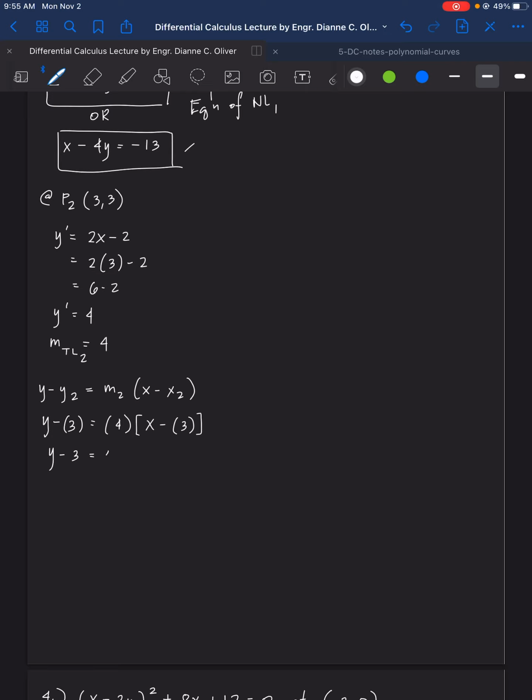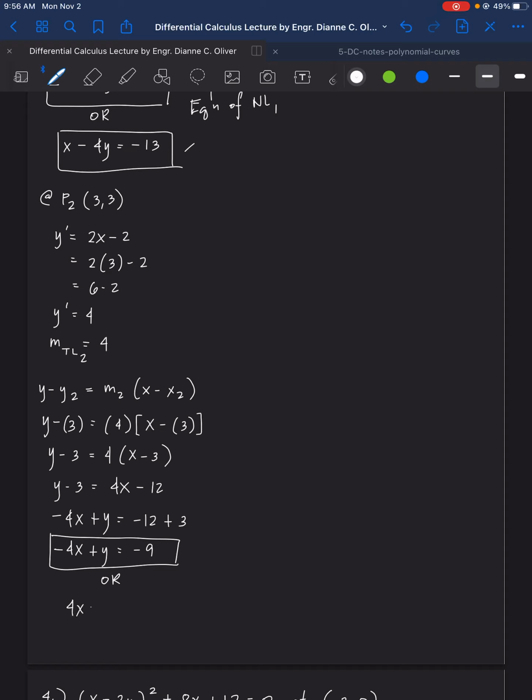Y minus 3 equals 4 times x minus 3, so y minus 3 equals 4x minus 12. Negative 4x plus y equals negative 12 plus 3, so negative 4x plus y equals negative 9. Or we have 4x minus y equals 9. Either of these two is the equation of tangent line 2.